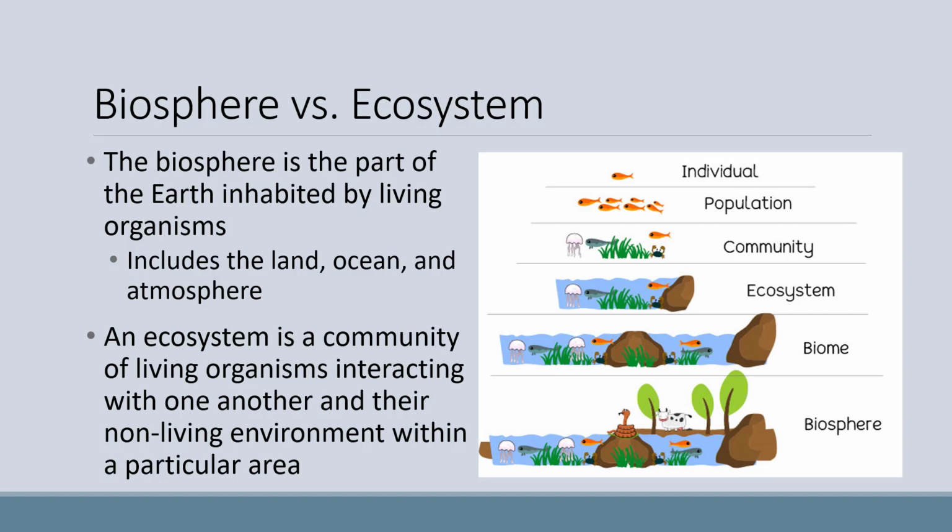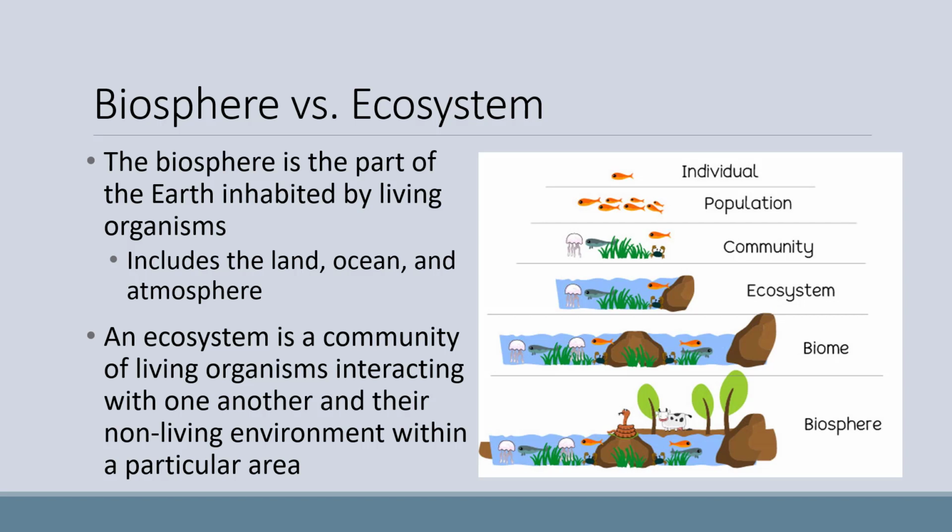You should also know what an ecosystem is. An ecosystem is a community of living organisms interacting with one another and their non-living environment within a particular area. It very much includes the abiotic environment, and some of the ecological interactions that organisms have will affect and be affected by their environment.